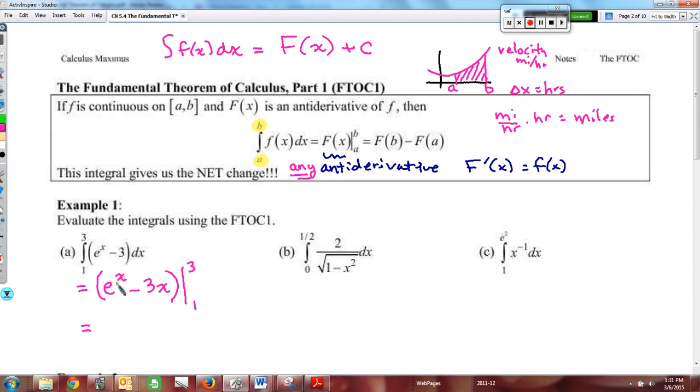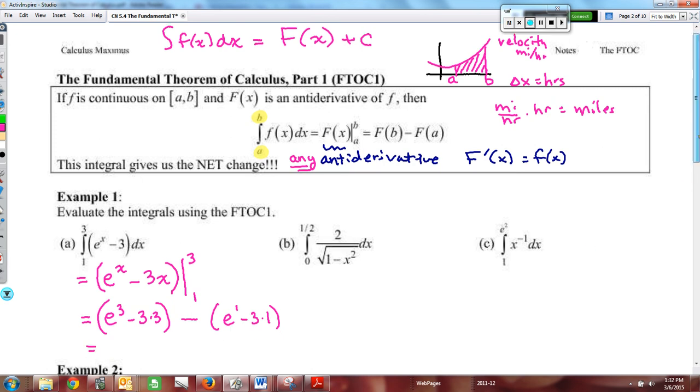I just plug in 3, e cubed minus 3 times 3. That's the value of the antiderivative or your position function at the end of the interval. And then we subtract the value of the position function at the beginning of the interval, e to the first minus 3 times 1. And then we simplify, do your arithmetic.